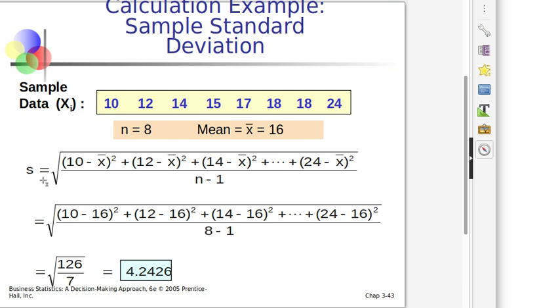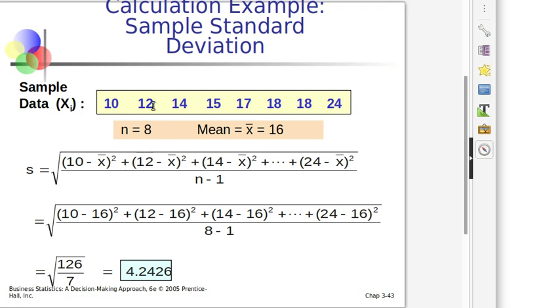So the formula is this. We subtract the mean from the first element, and then we square it.